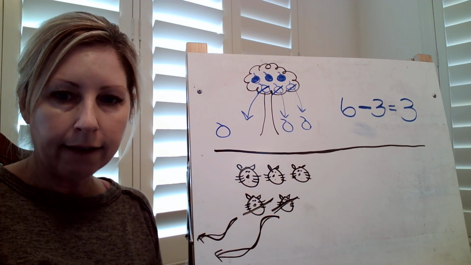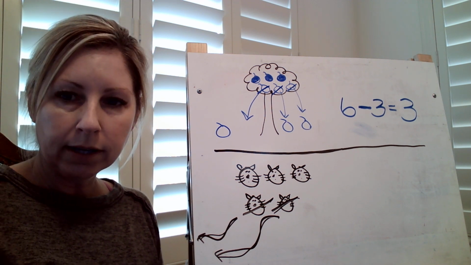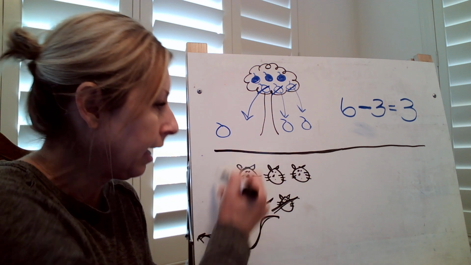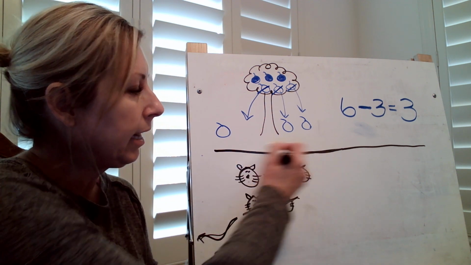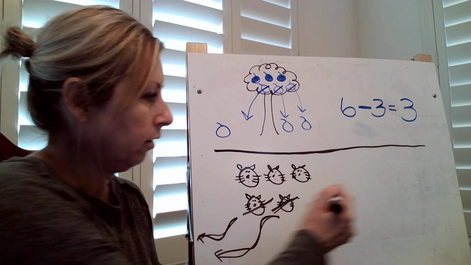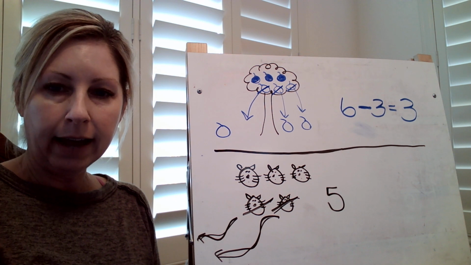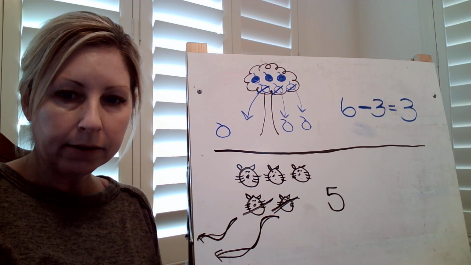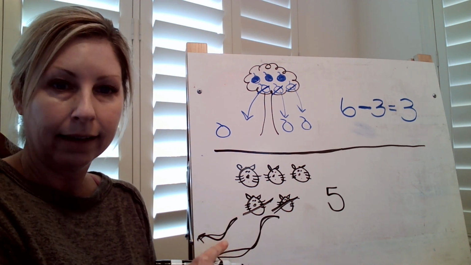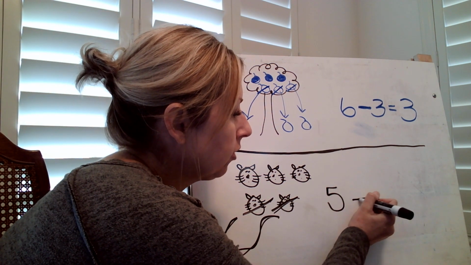Okay, so when I look at that for my number sentence, when we're writing our subtraction number sentence, I have to think about how many I started with. So how many cats did I have all together? I had 1, 2, 3, 4, 5. So I'm going to start with my number that I had total. I had 5 cats. But then what happened? 2 got scared and ran away. So I need to do my subtraction sign again.